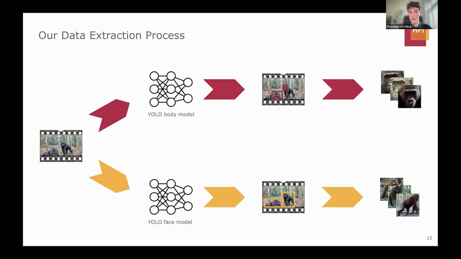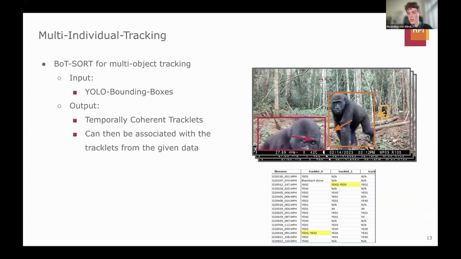Sometimes there is no face for a body, since the gorilla can be turned away. This matters because it reduces all the background noise that makes re-identification almost impossible, and ensures that each input to our re-identification model is a clean, single individual crop. And then we don't actually just get image-by-image label data from the scientists, but again, we get tracklet data.